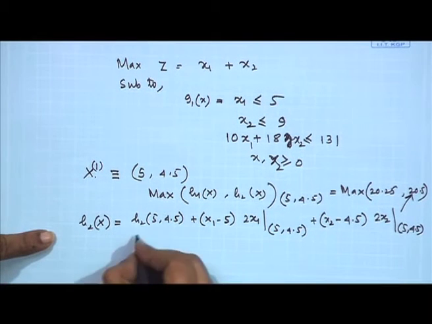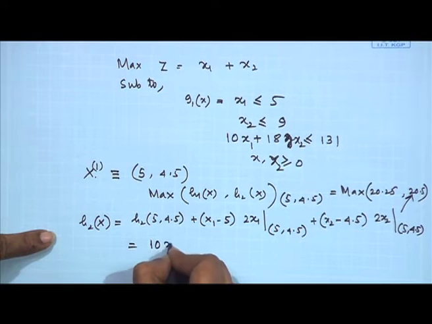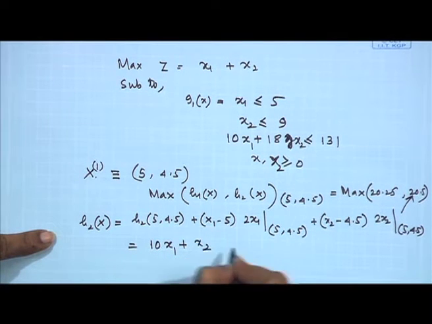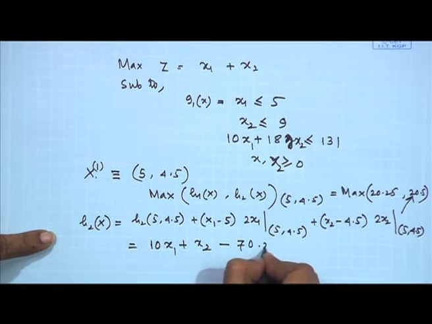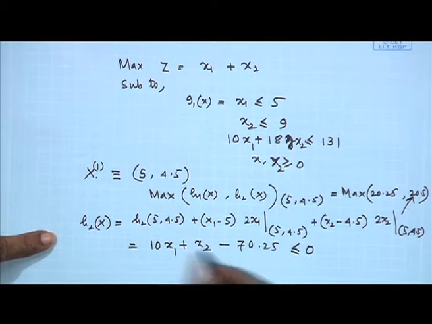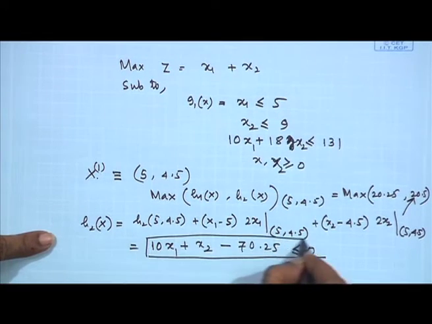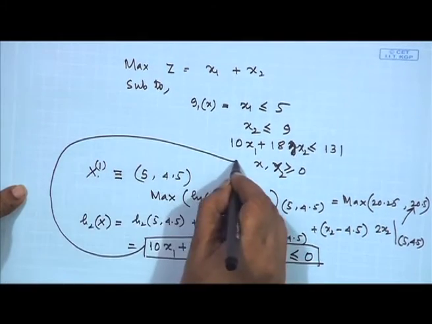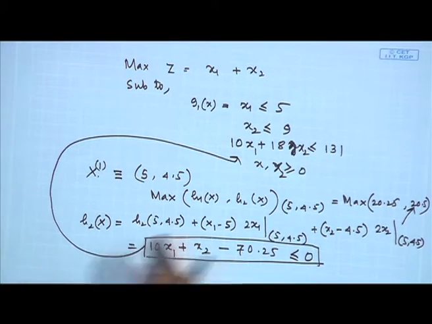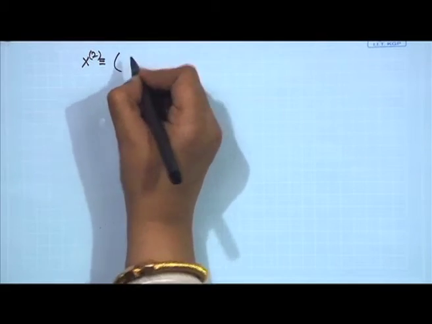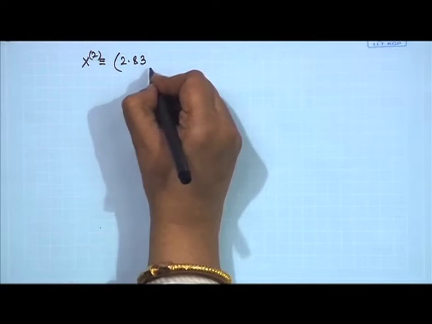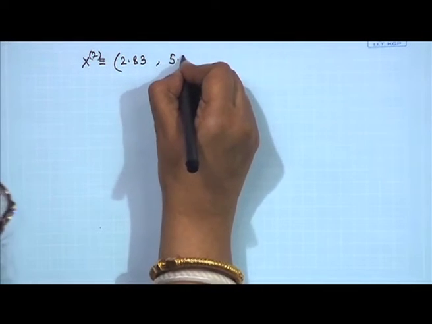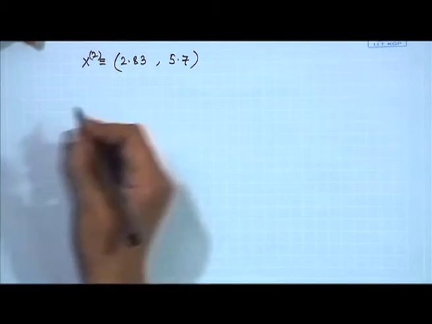If I write it down, we will get 10x1 plus x2 minus 70.25 less than or equal to 0. We will add this constraint here and solve. If we solve it, we will get another solution, that is x2. I will show you the series of solutions so you will have a feel for where we need to stop.